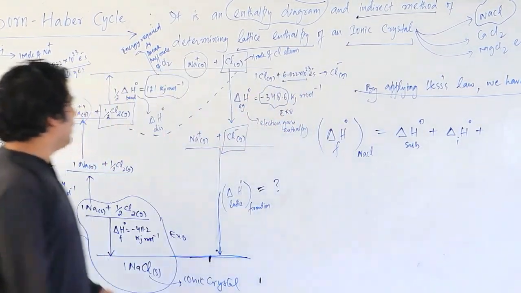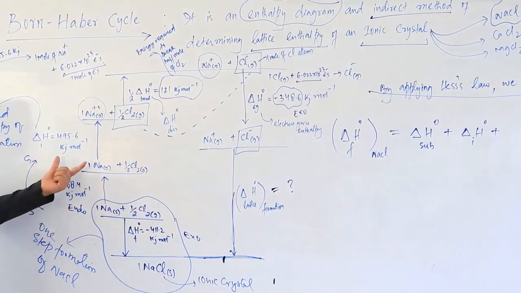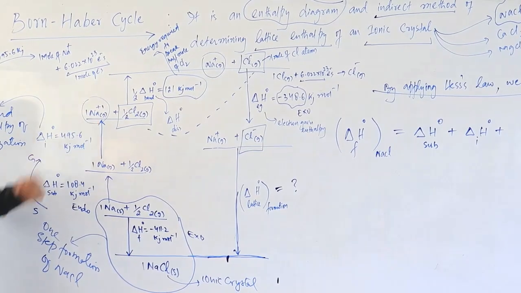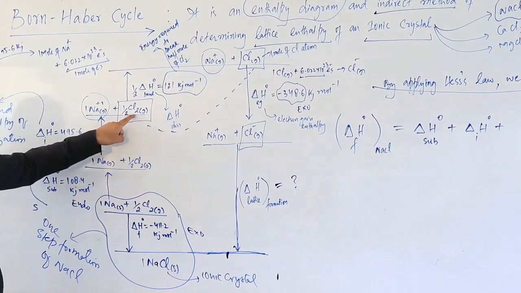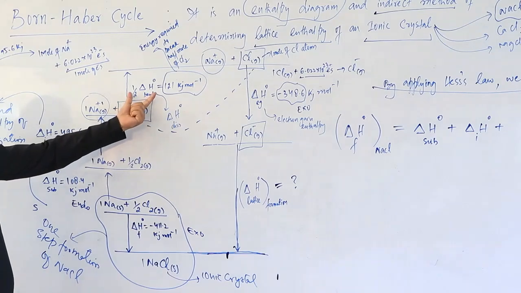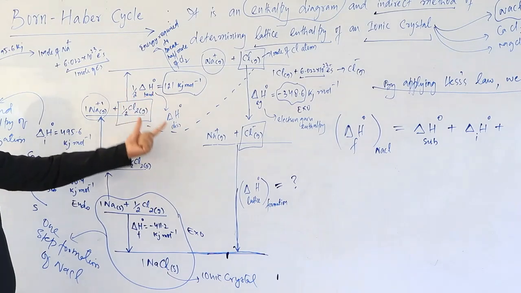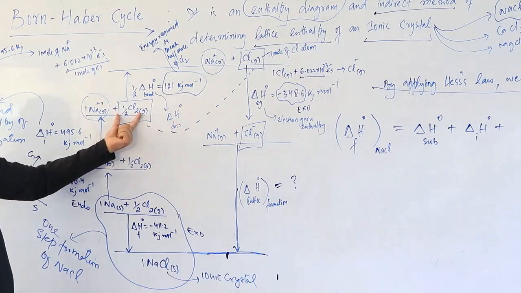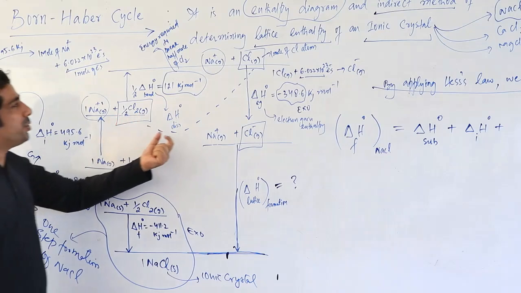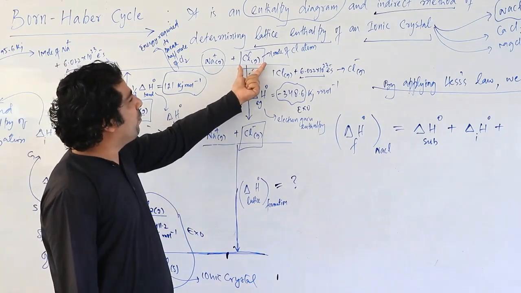Plus, now in another step, my dear friends, after ionization, what happens? You are targeting now half mole of chlorine. And you are applying which energy? Bond enthalpy or bond dissociation energy. You are breaking this half mole of chlorine into 1 mole of chlorine atoms.